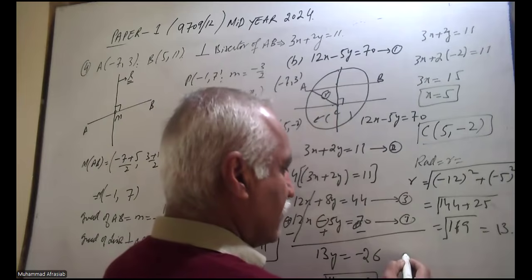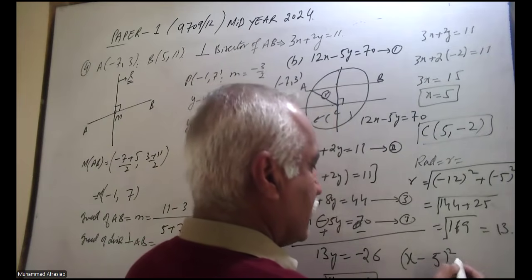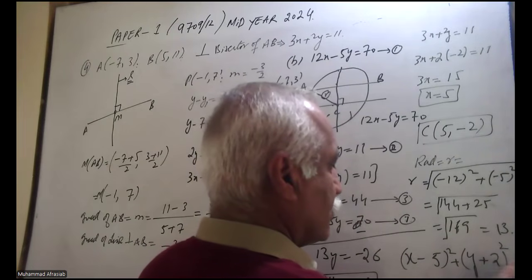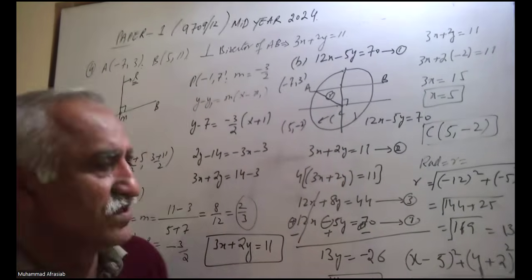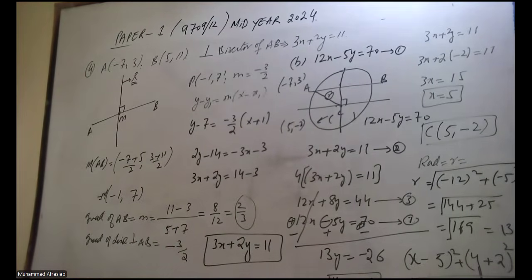So the equation of the circle will be (x minus 5) whole squared plus (y plus 2) whole squared equal to 13 squared. This is the required equation of the circle, which is calculated from these two parts of this solution.